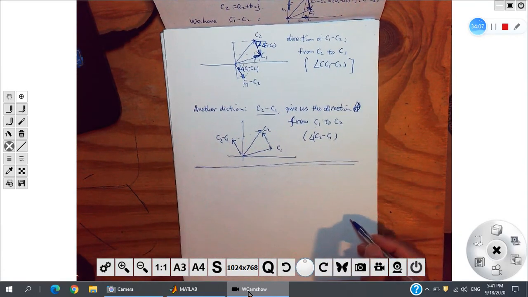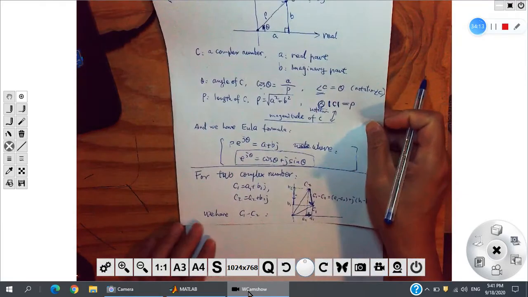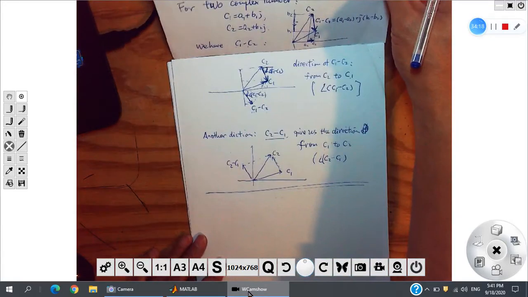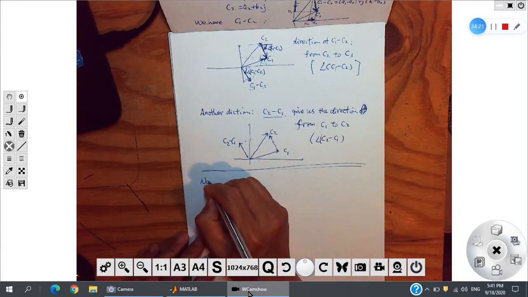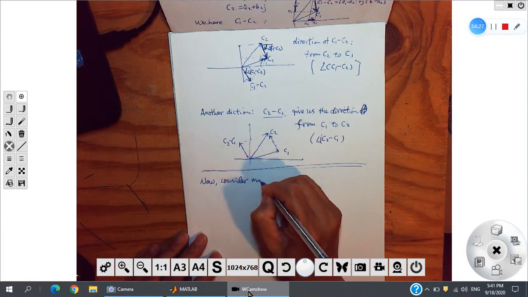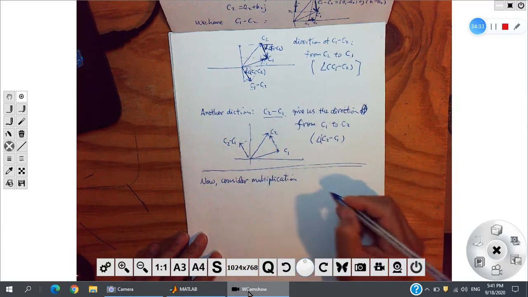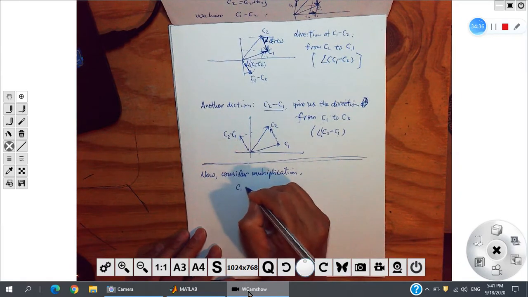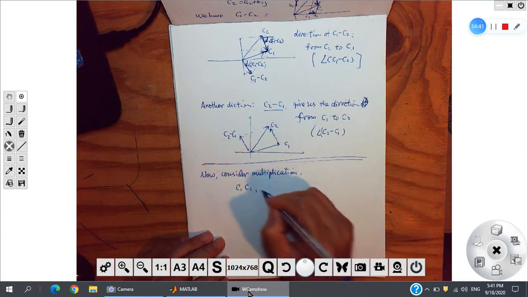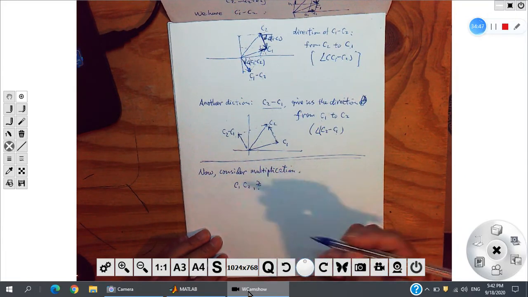And the second thing is about multiplication and division. Here we considered subtraction. We can also consider C1 times C2. Now consider multiplication. C1 times C2. What is the angle of this? We just use the Euler formula to represent it.